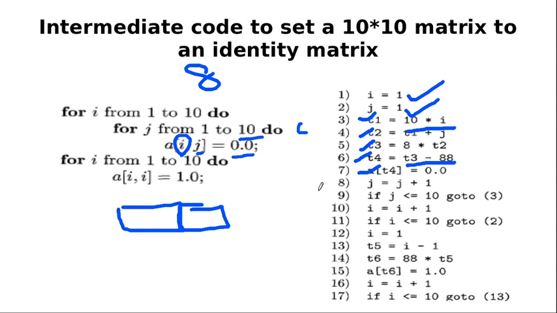What is our condition? j less than or equal to 10, then go to 3. Why do we say 3? If the condition is true, we once again begin execution of f[i][j] equal to 0.0, whose 3 address instruction statements begin from 3 onwards. That's why it is go to 3.